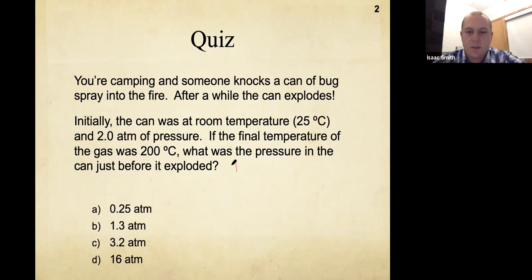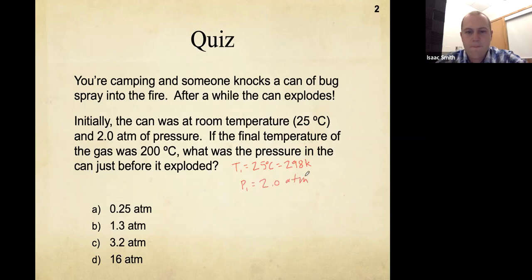So the initial temperature, T1 equals 25 degrees Celsius. Since we're doing gas laws, we'll want to eventually convert that into Kelvin. So 25 degrees Celsius is 298 Kelvin. And the pressure is 2 atmospheres.